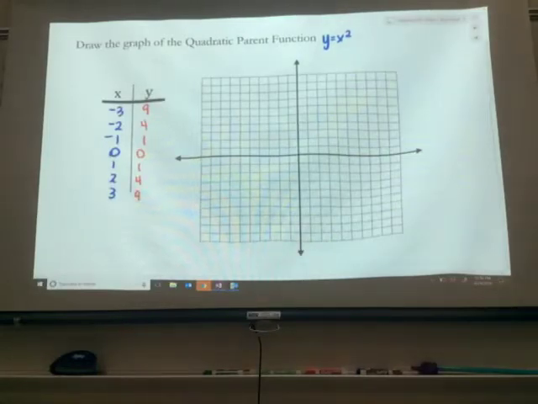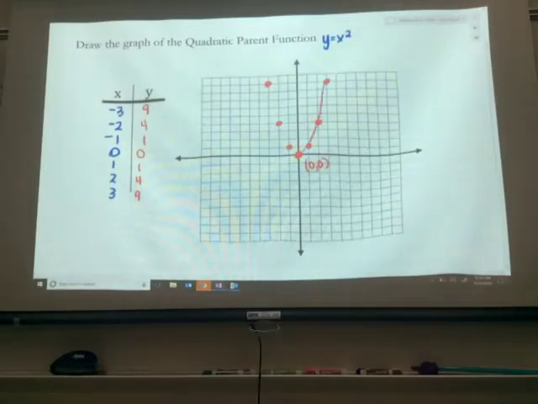So when we go to graph it, we're going to start at the vertex, that 0, 0 point. And whatever happens on one side of the vertex is going to happen on the other. So I'm going to plot 1, 1, and then go to -1, 1. I'm going to plot 2, 4, and then I'm going to go to -2, 4. And then I'm going to plot 3, 9, and -3, 9.